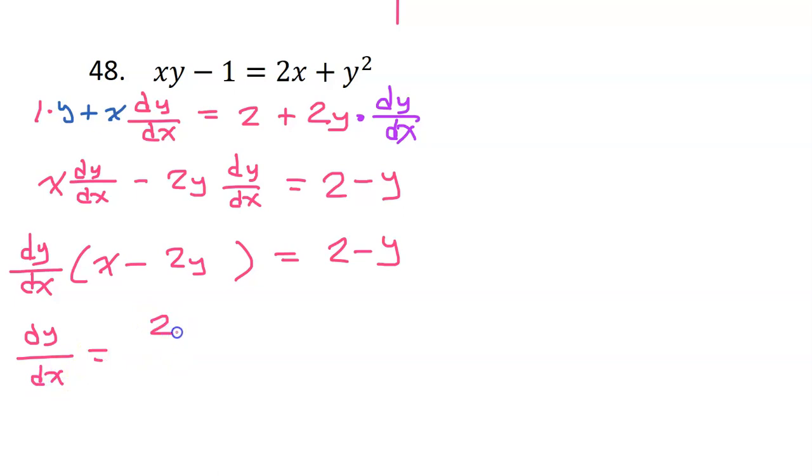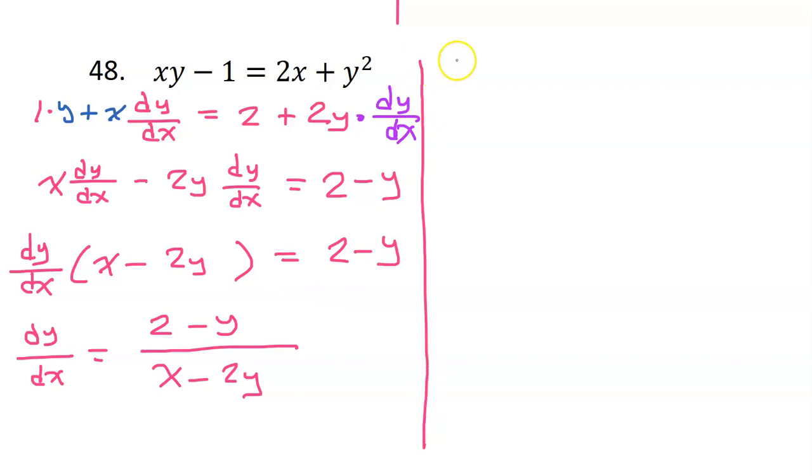And that will be 2 minus y over x minus 2y. So that's done. Now we need to take the derivative again. So we will now have the second derivative equals. Time for the quotient rule.